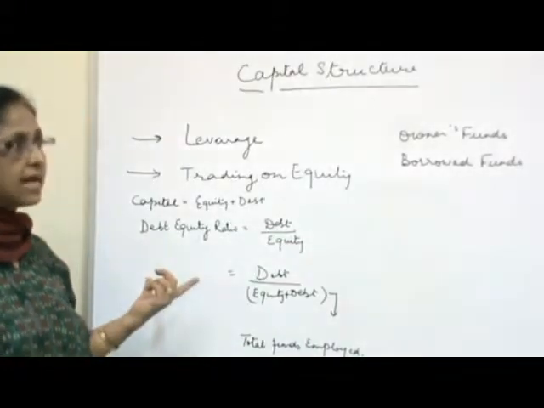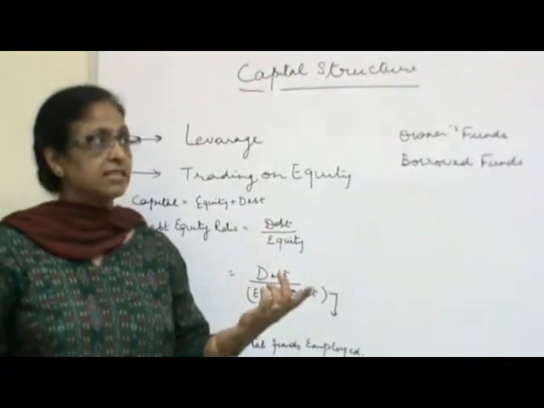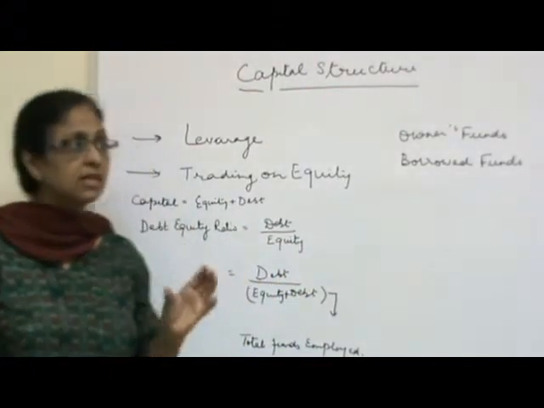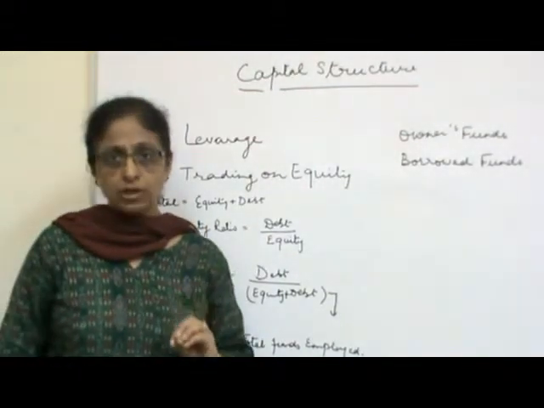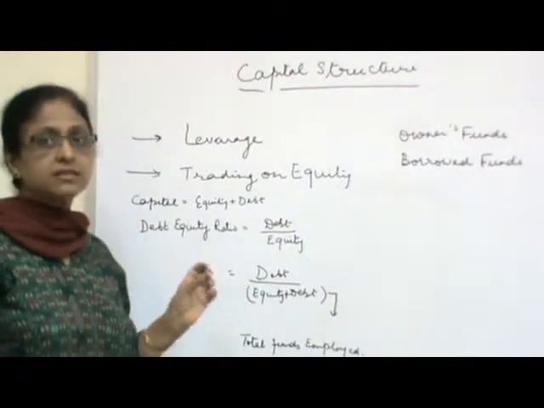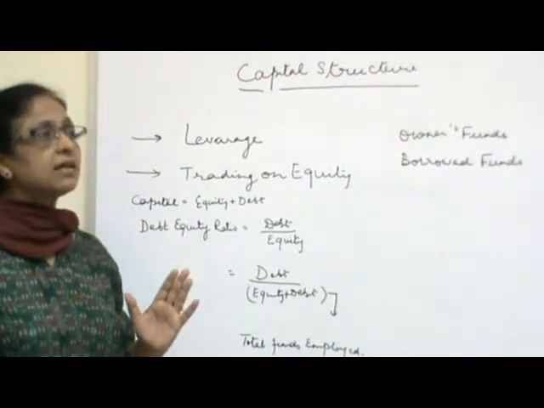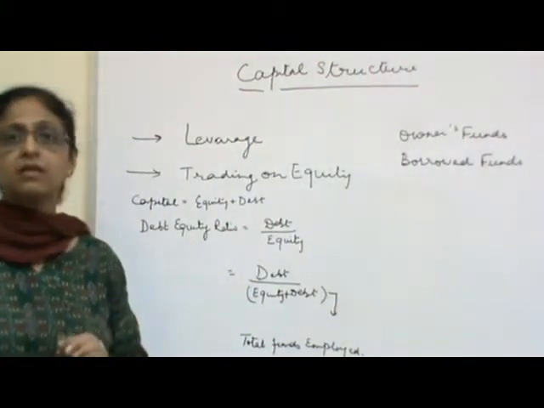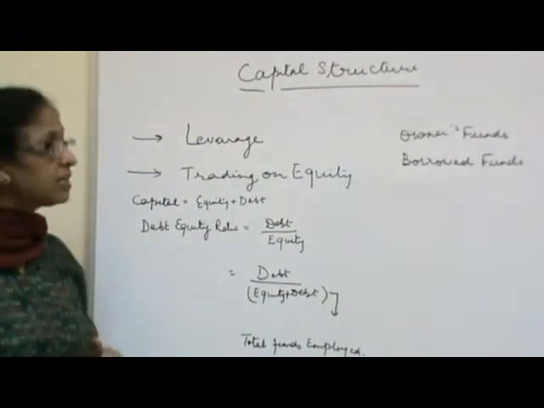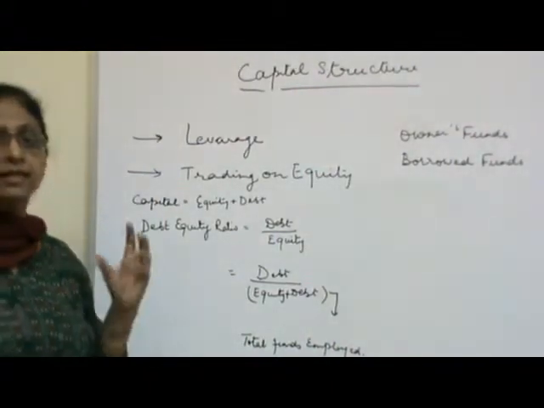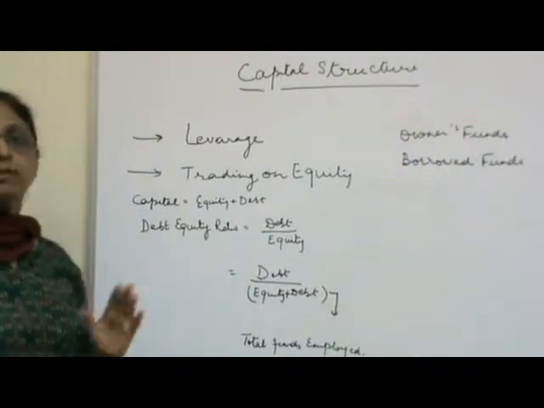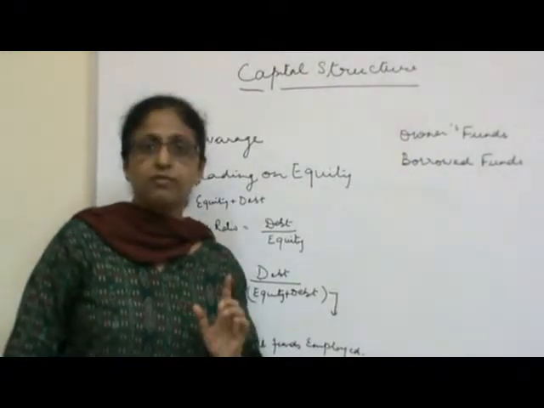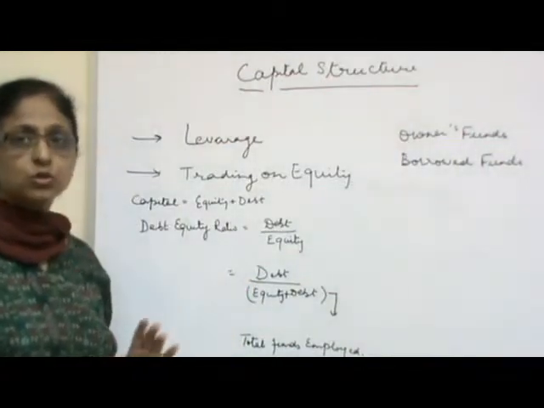To understand that concept, we have an example where we see how, with increase of debt, the earning per share of a share is increasing, and we are also understanding the concept of leverage. Leverage is employment of debt in the total capital of the business, and when we employ debt, the earning power of the capital also increases.